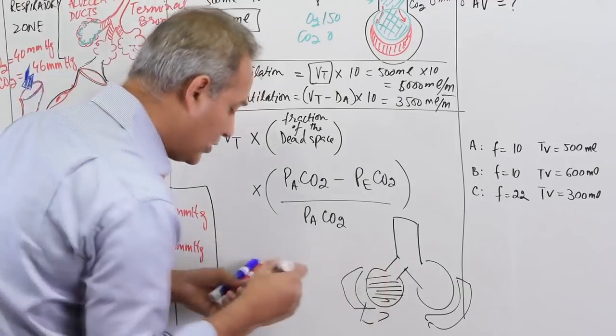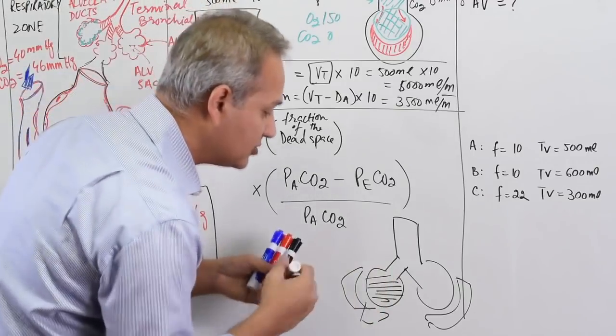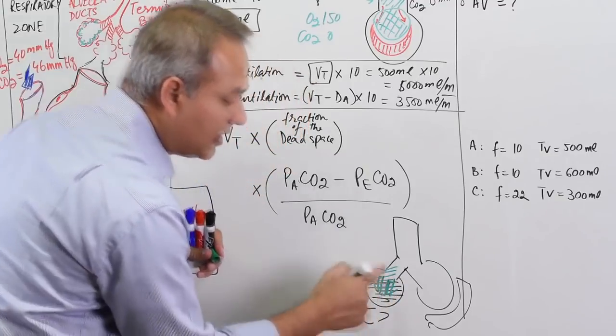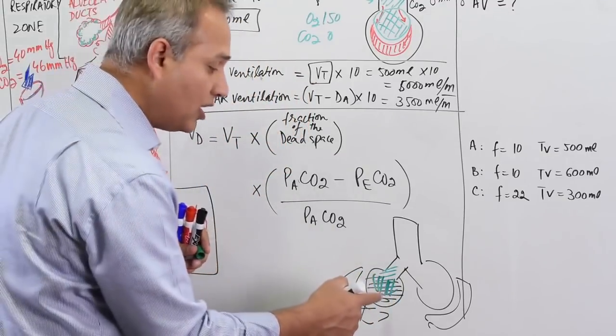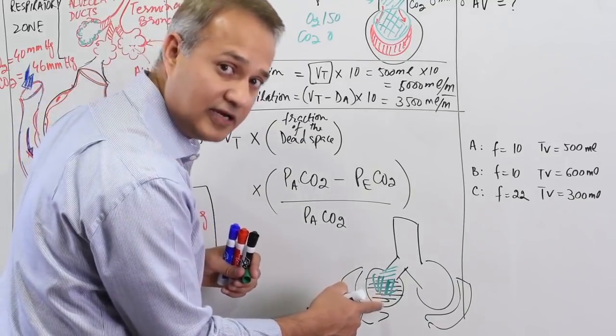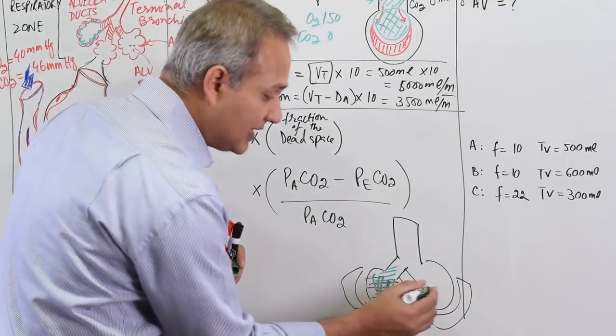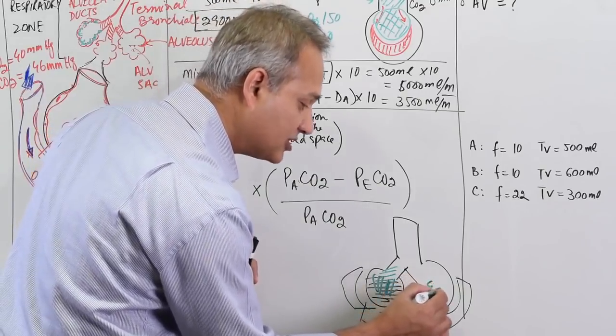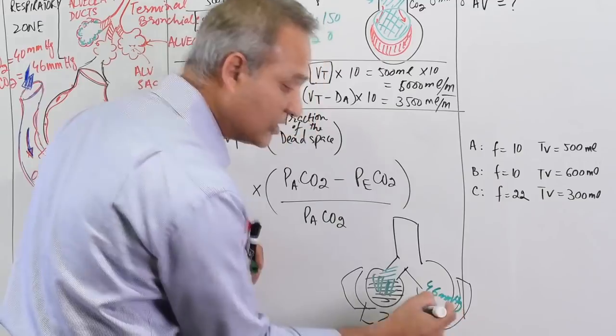Now the gas that went in, guys pay attention to this one. Gas that went in here did not participate in the gaseous exchange. So the carbon dioxide level here is 0. Gas that went in here did the gaseous exchange and the carbon dioxide level became, let's say, 46, which was also in the blood.